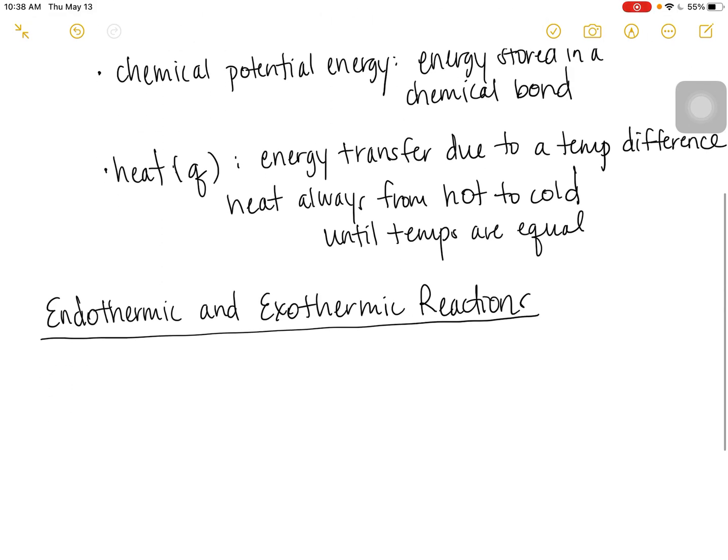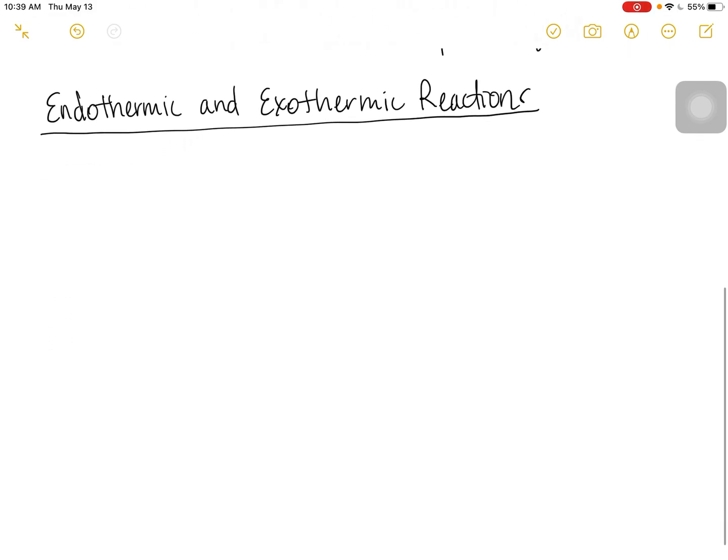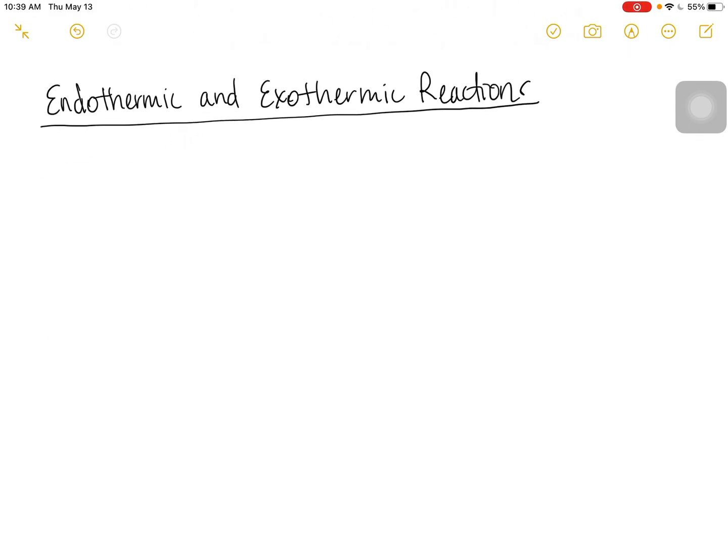Okay, so moving on to a little bit more specific ideas. Before we can define endo and exo, we have a couple other things we have to define first. So I'm going to do an example. So let's say that we have a beaker and it has water in it, and we put some sodium chloride into the beaker.